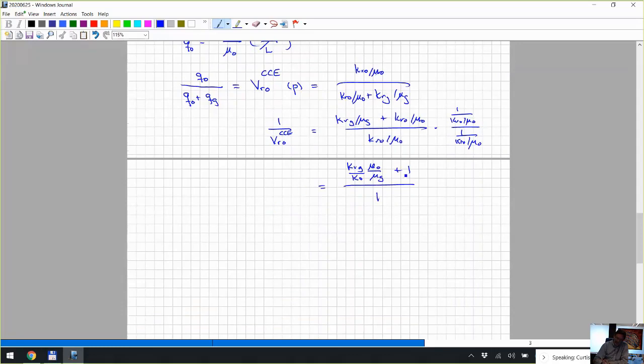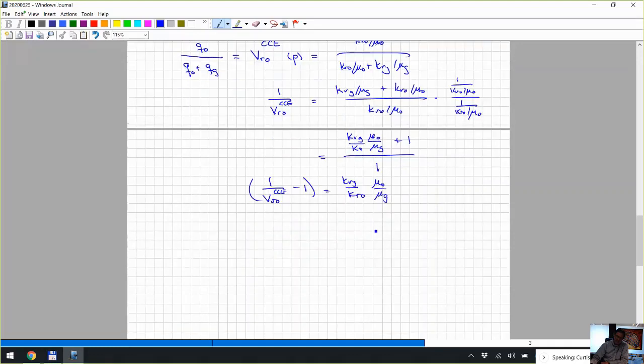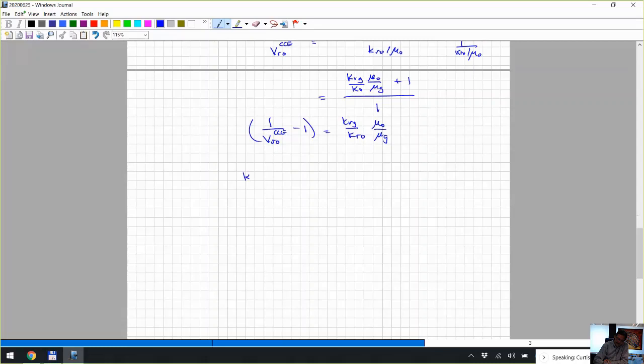So then we can bring the 1 over the other side: 1 over VRO CCE minus 1 is equal to KRG over KRO times mu O over mu G. And then we can just rewrite this as KRG over KRO is equal to 1 over VRO CCE minus 1, times mu G over mu O, and that's the equation.